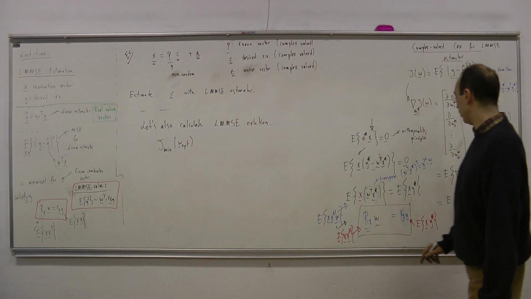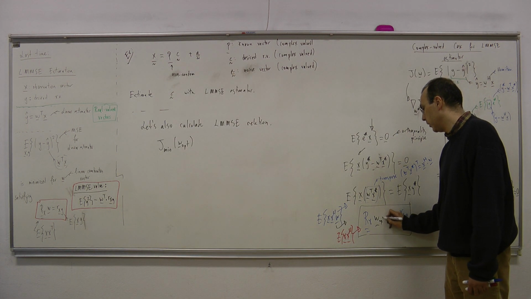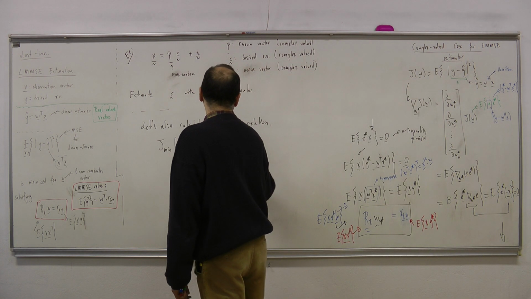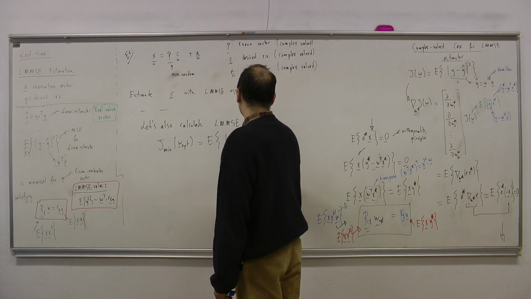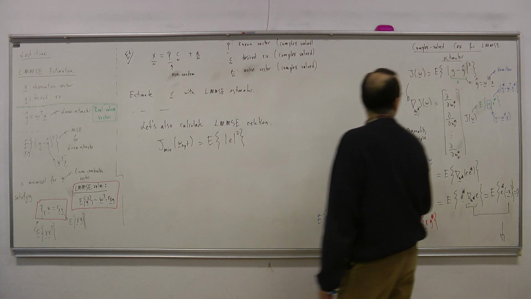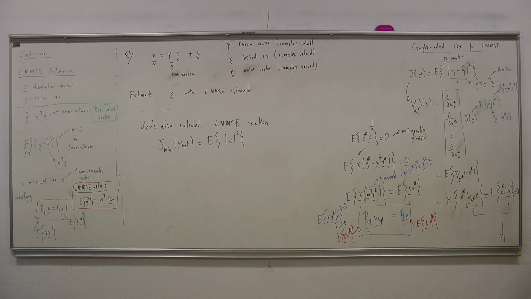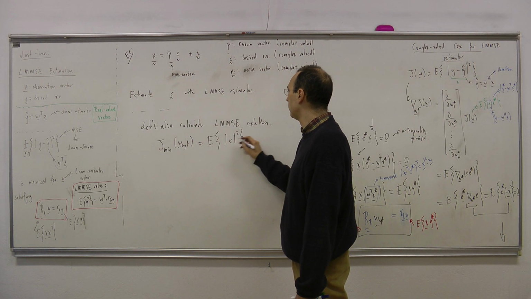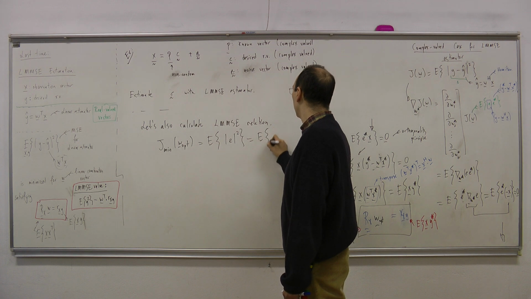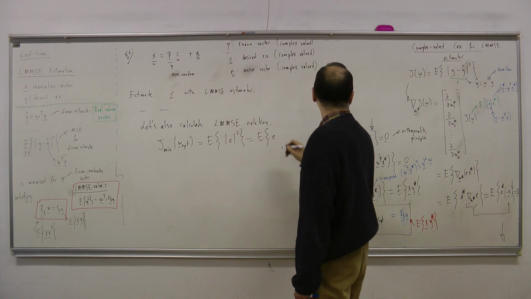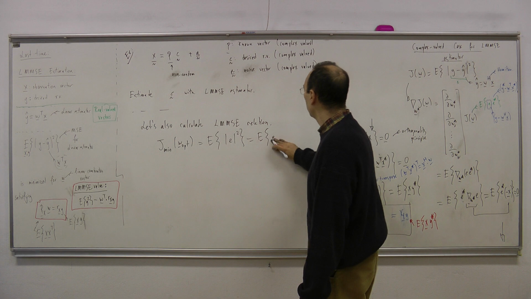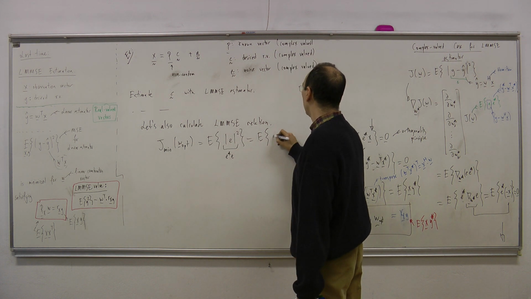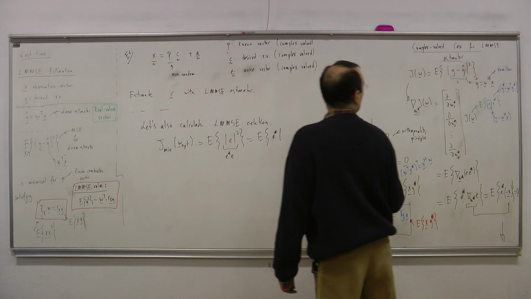J optimal is equal to the expected value of the error random variable magnitude squared. But this is the error of the optimal estimator. Then this is equal to the expected value of error conjugate times E. So this is error conjugate times, so what is this?